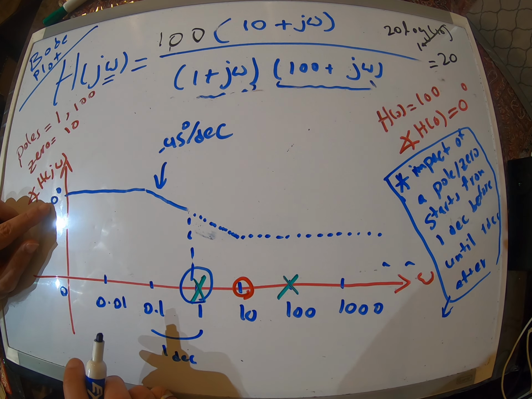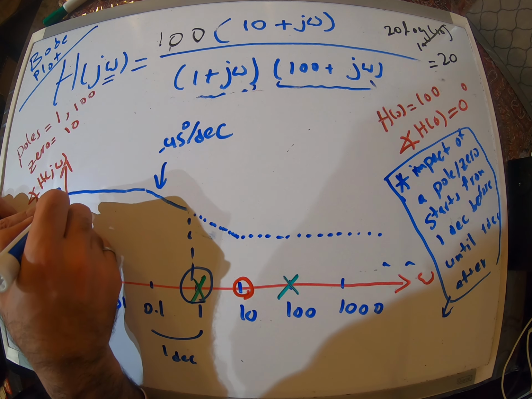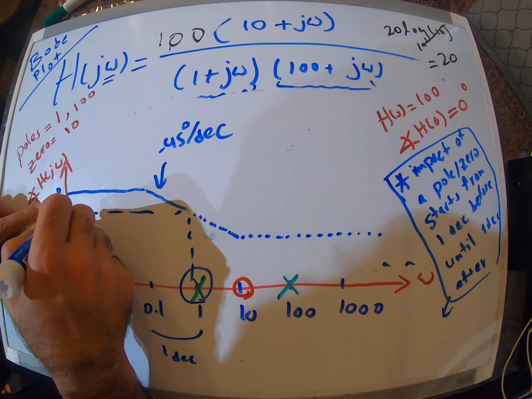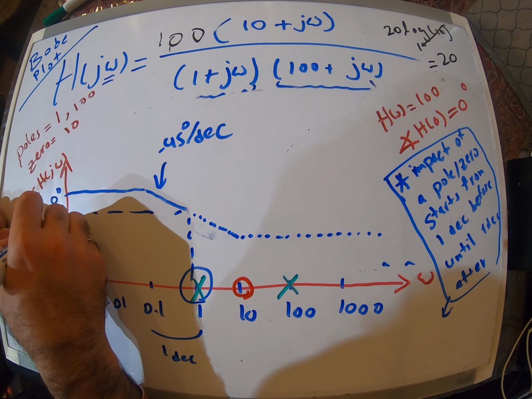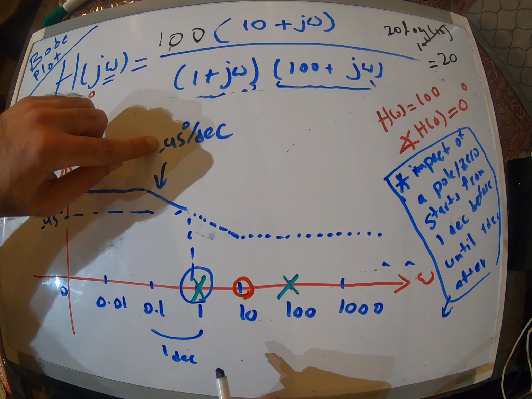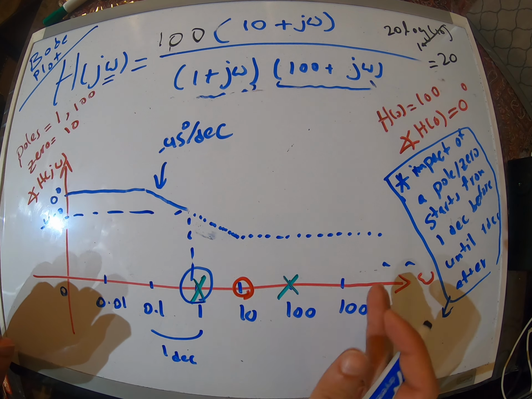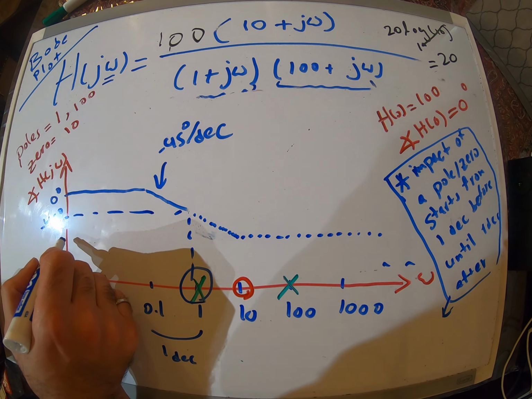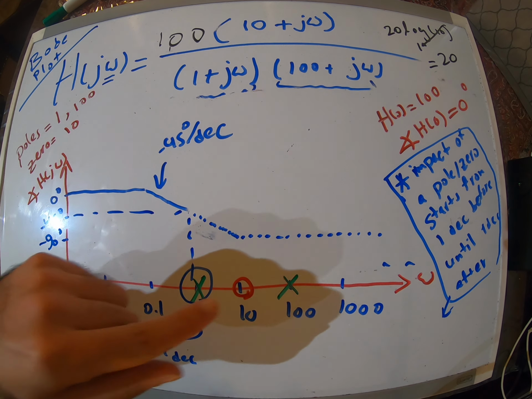If you start at 0 degrees, at this omega equal to 1, what's going to be the angle? Negative 45 degrees, right? Because the slope of this one is negative 45 degrees per decade. And if we didn't have any other poles and zeros, then our phase would settle down at negative 90 degrees.